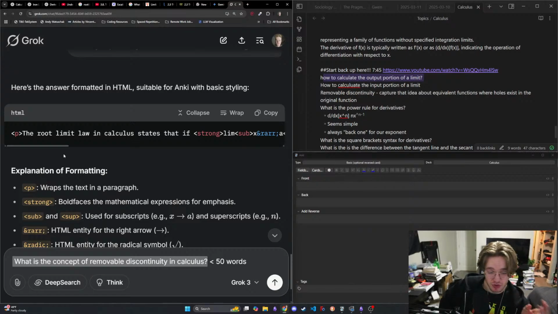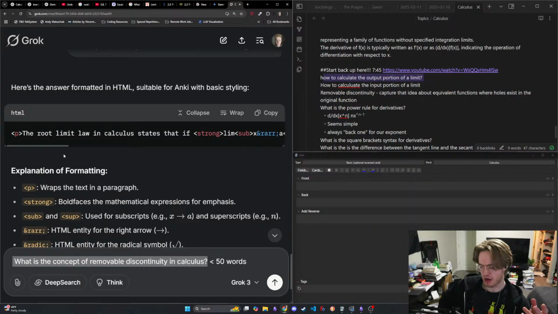And so a removable discontinuity, I would assume, means that when we have a discontinuity, it's removable if we can algebraically change the expression such that it's still equal to the original expression, but no longer has that discontinuity.